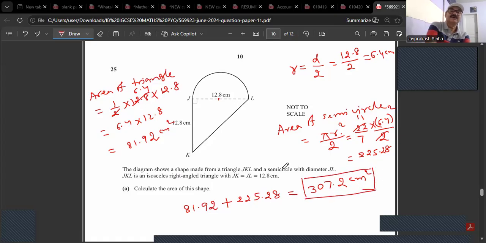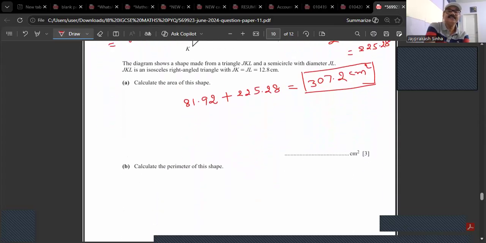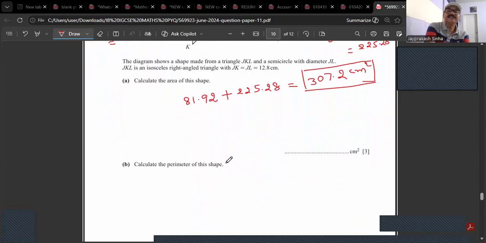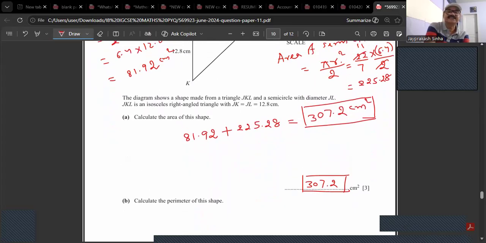Okay. So we already found the area of this shape. Now come to the next part. Calculate the perimeter of this shape. The area is 307.2 centimeter square. Perimeter means you have to add all the sides.